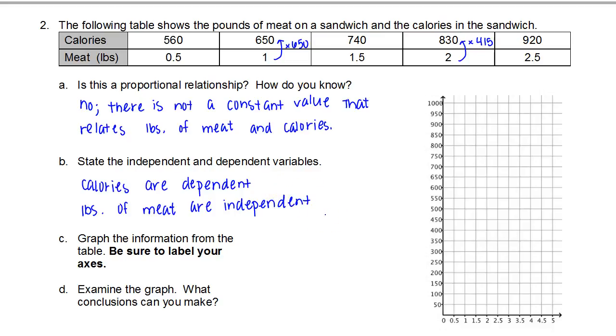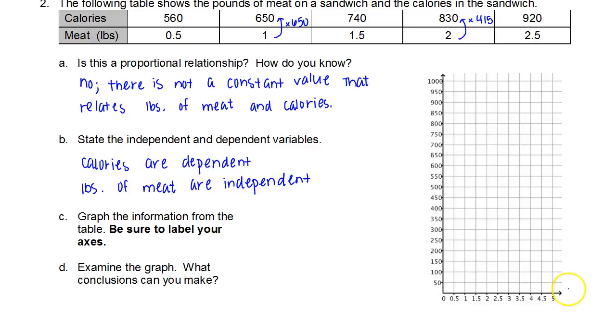For part C, they want us to graph the information from the table on the coordinate plane to the right. We're only seeing the first quadrant of the coordinate plane, but we can graph the information. They want us to label the axes. Remember, our horizontal axis is X and our vertical axis is Y, but they want us to use the labels calories and pounds of meat.